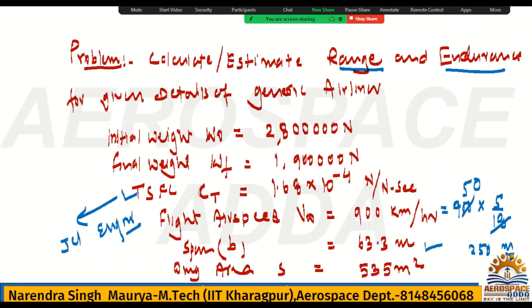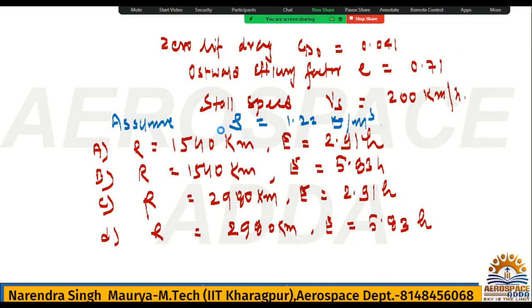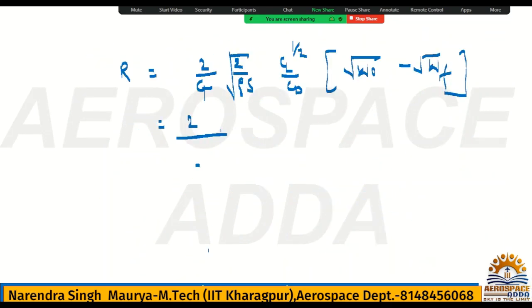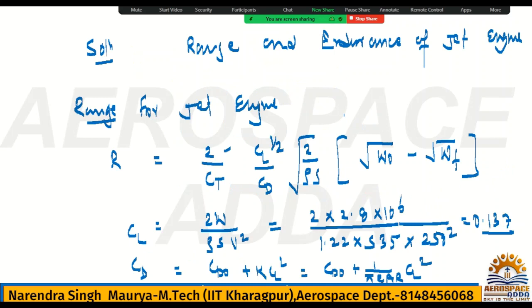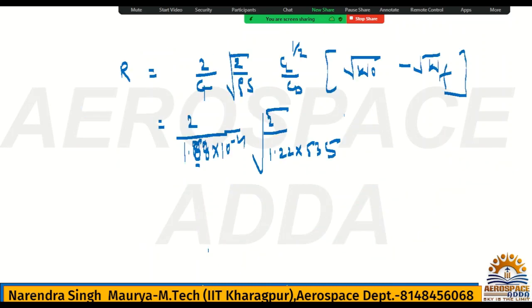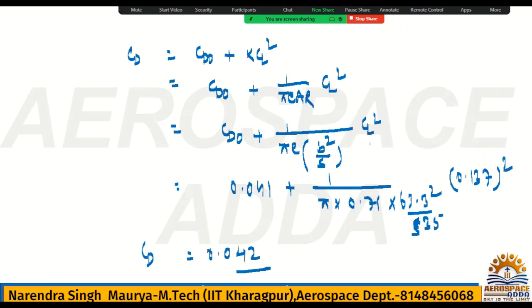It is 1.68 into 10 power minus 4, no? 1.68 to area 535, I think. CL is 0.137. I don't know, I'm thinking CL, that value should not be there. It should be greater than 1, but anyway, it is 0.04.